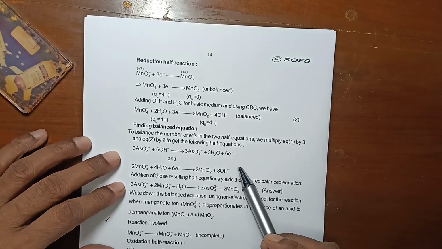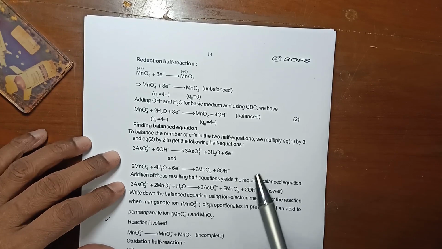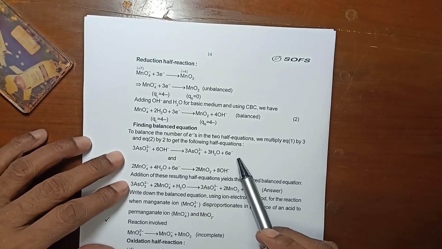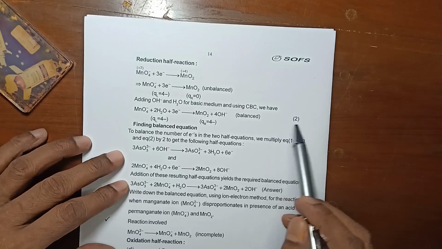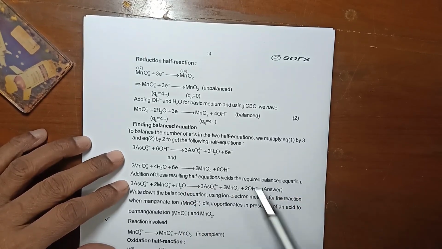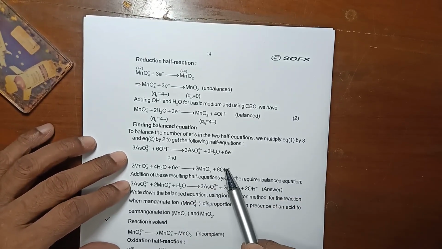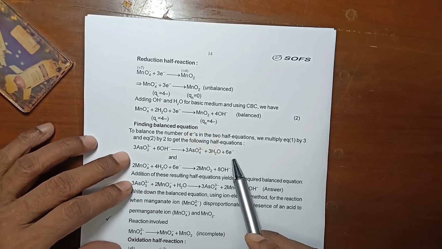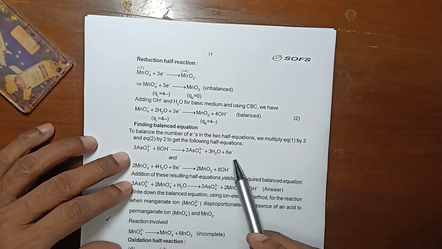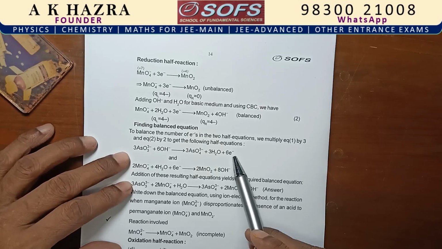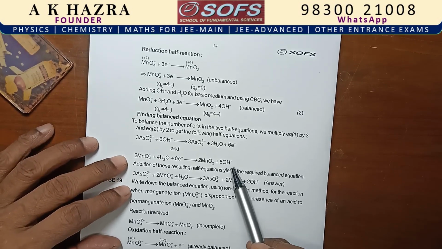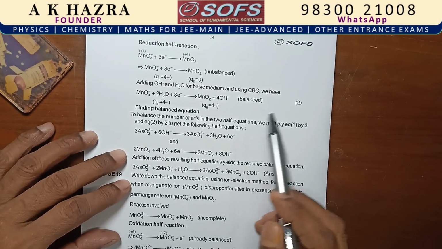Now in reaction number 1, you see there are 2 electrons, and in reaction number 2 there are 3 electrons. So the LCM is 6. So we have to make 6 electrons. So the first equation is multiplied by 3, and the second equation is multiplied by 2.